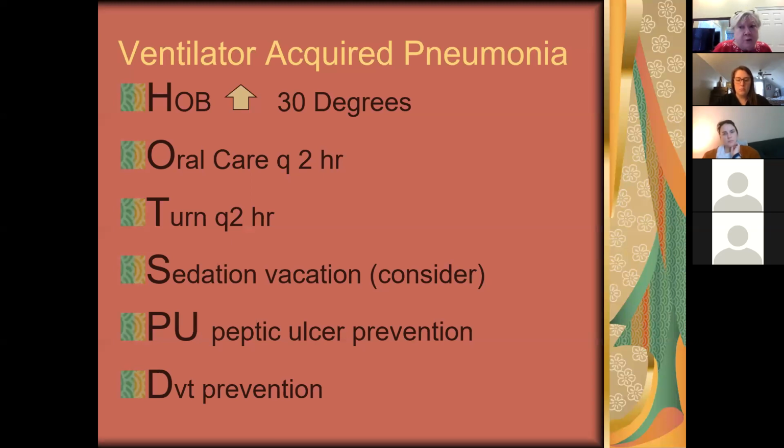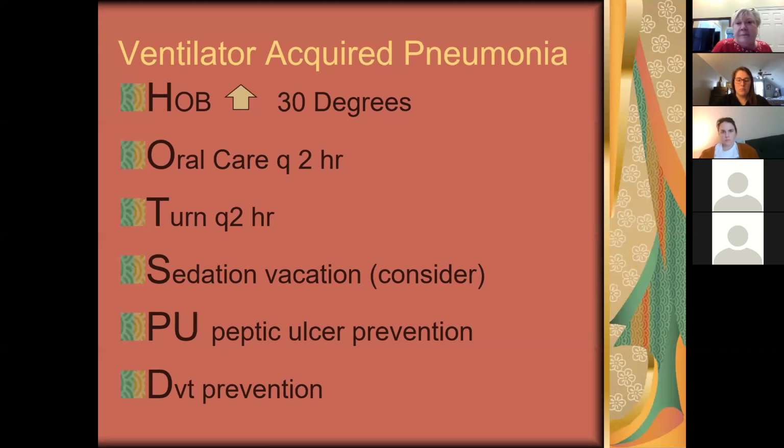Turn them every 2 hours to keep the secretions mobilized. Consider a sedation vacation. Could we lighten them up? Could we maybe get them off the paralytics? Could we lighten up their sedation? That will get them moving more, and get them breathing over the ventilator so they don't have a consistent ventilator breath, but take deeper breaths at times.